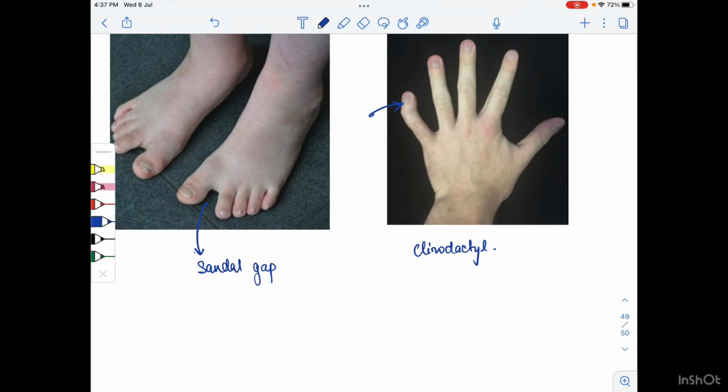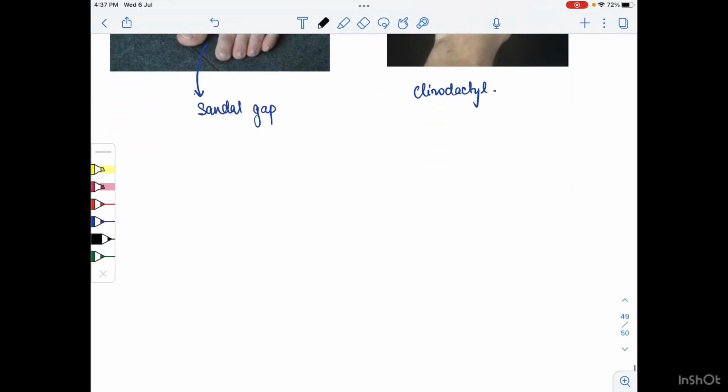Now I have some questions which were previously repeated. My first question is, in which condition is the Moro reflex absent? It's a basic question because we are studying Down syndrome. So the answer is Down syndrome.